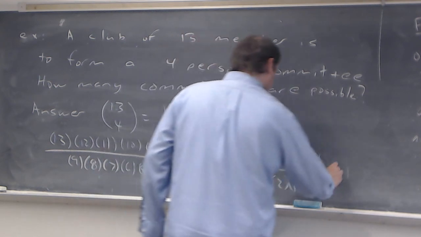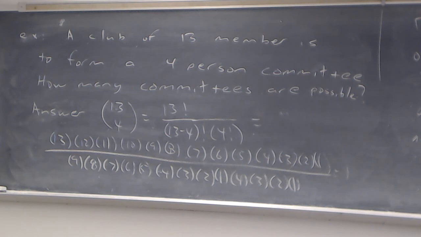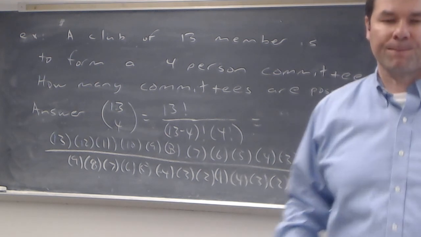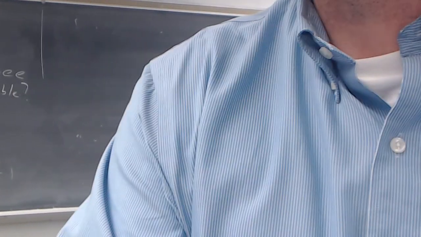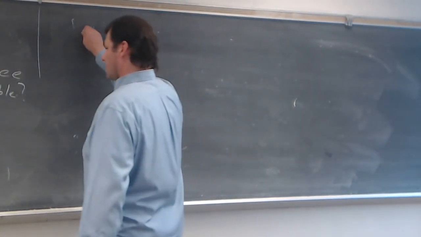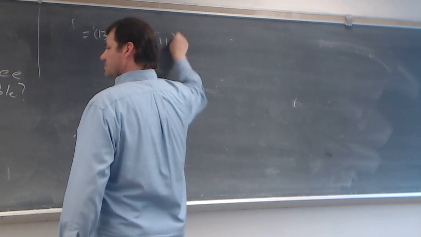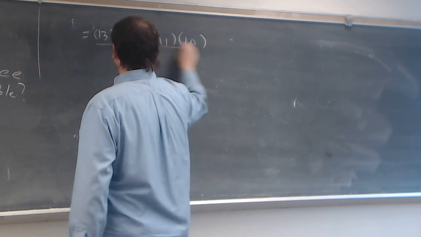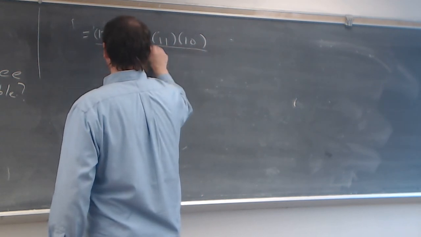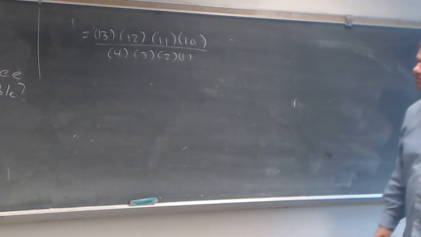And so what you see is a good bit of cancellation. What's obtained is 13 times 12 times 11 times 10 all over 4 times 3 times 2 times 1. We can compute some number from there.